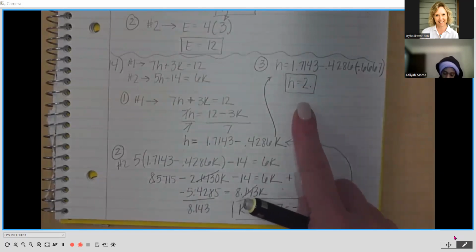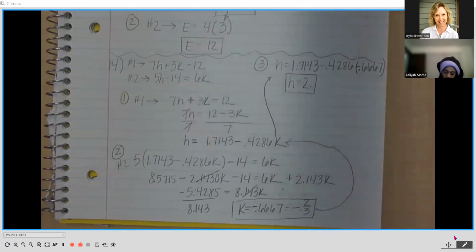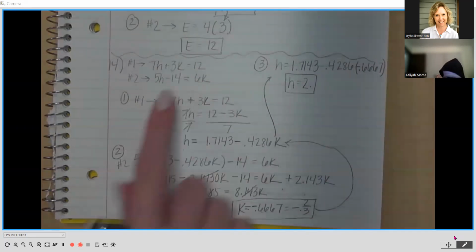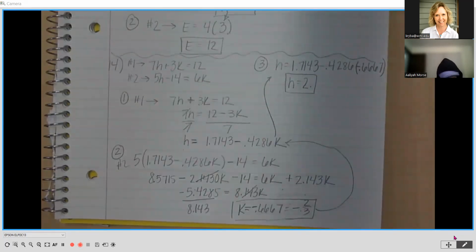So then what you want to do is go back up here and pick one of those and just do a quick check. Again, you don't have to write it out, but it should come out for you. So this is going to be 6 here. And then 7 times 2/3 negative.